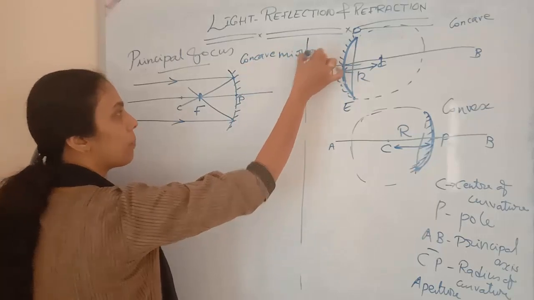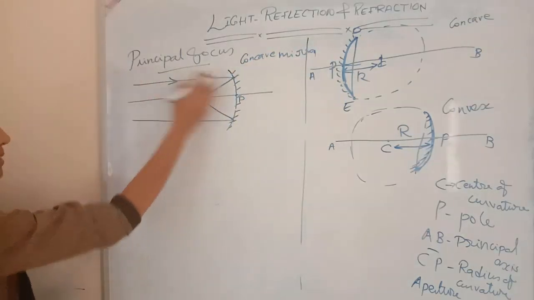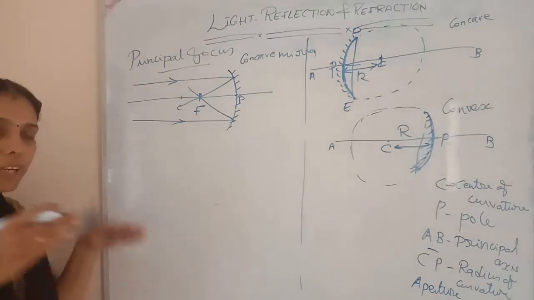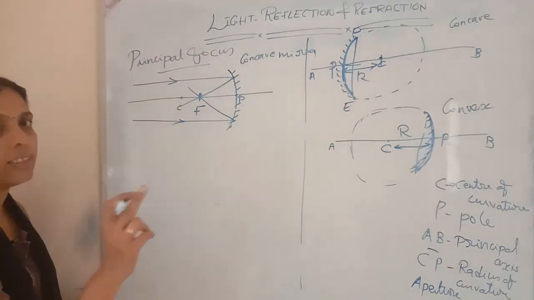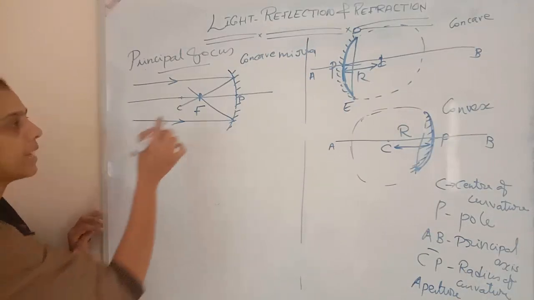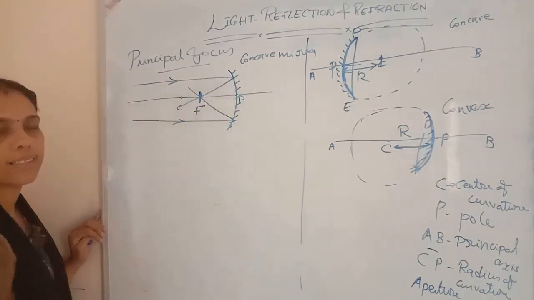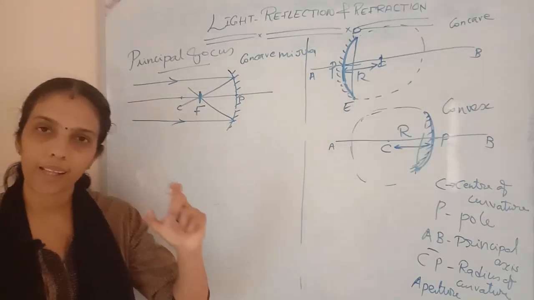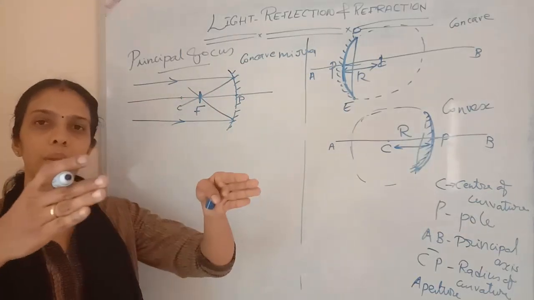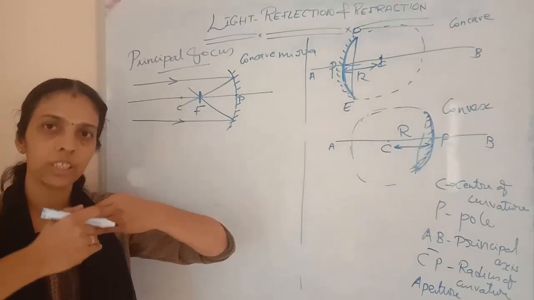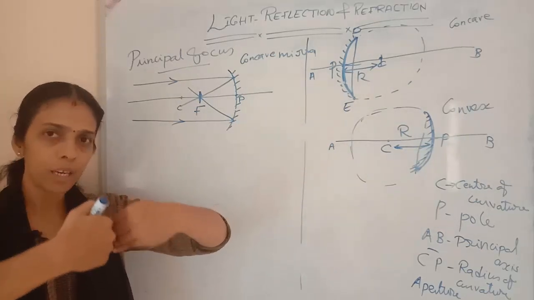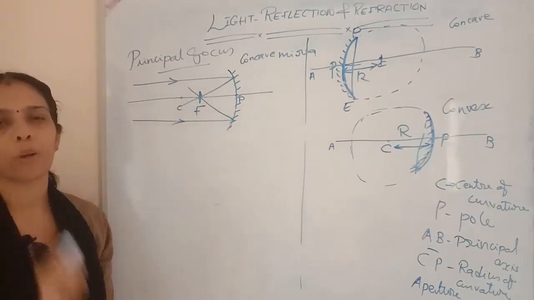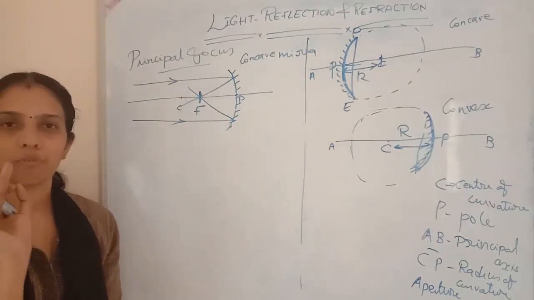The rays which are passing parallel to the principal axis, after reflection will converge, will come and join at the principal focus. So the statement is, the rays which are passing parallel to the principal axis, after reflection will converge to one point on the principal axis. That point is called the principal focus.